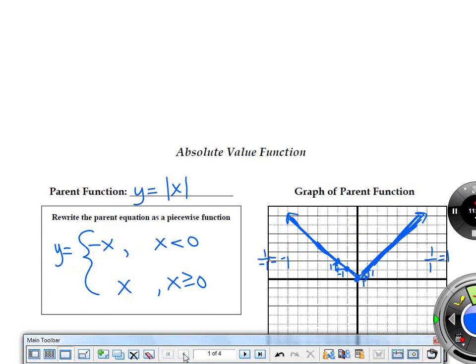If it wasn't the parent function, if I was allowed to plug different numbers in but still had the absolute value v, is it possible for me to hit the x-axis in more than one spot? Okay, how could that happen? Okay, so if I change the y-intercept, so if I took our whole graph and moved it down, right, so that the v was down here somewhere, how many x-intercepts would I have then?